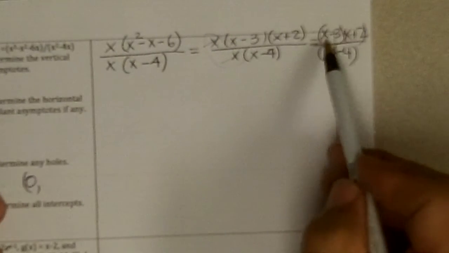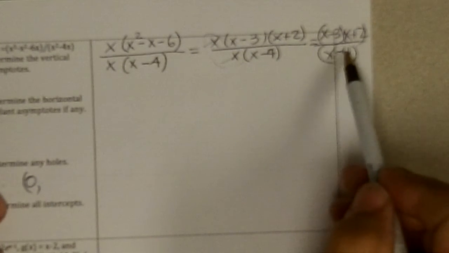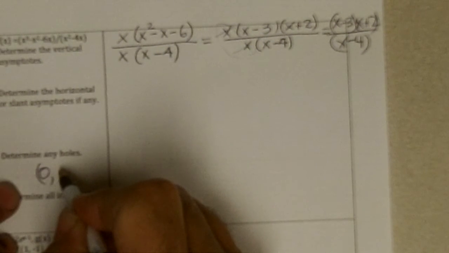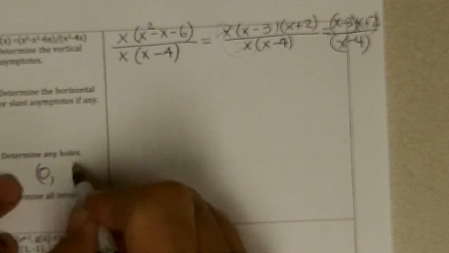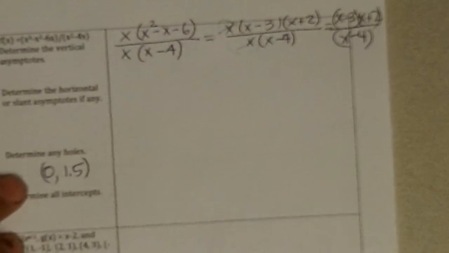If I put 0 in here, I get negative 3 times 2, which is negative 6, over negative 4, which is 3 over 2, or 1.5. And a negative over negative is positive 1.5. That's where the hole is.